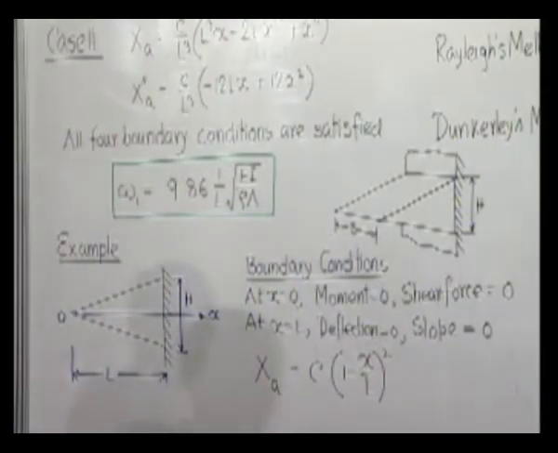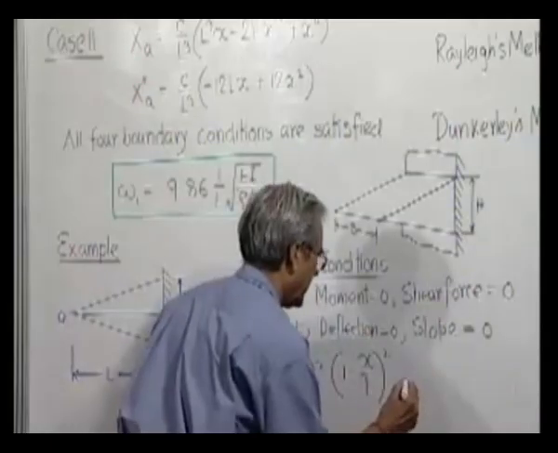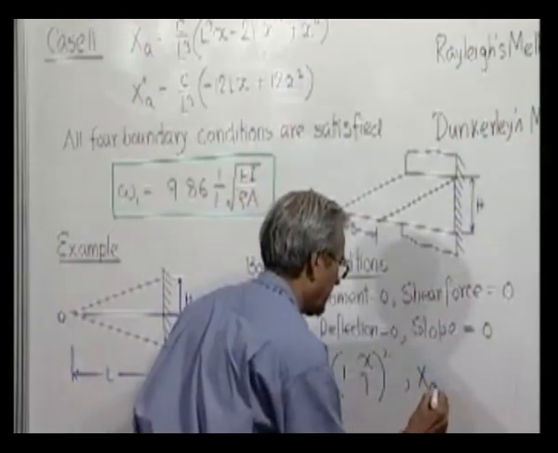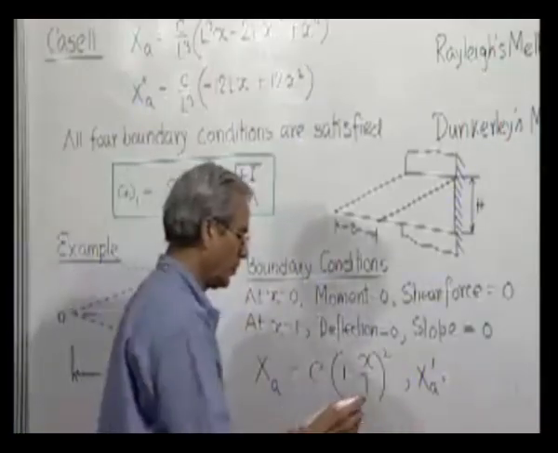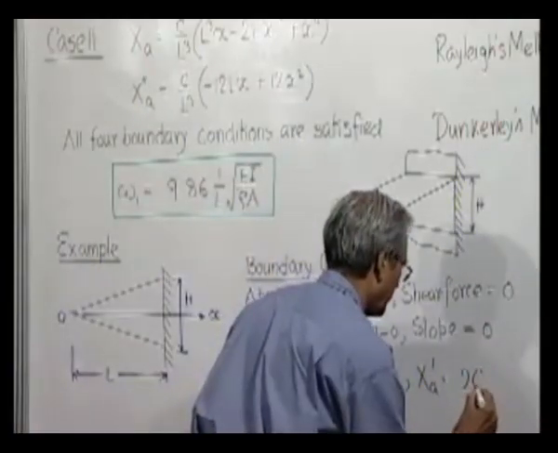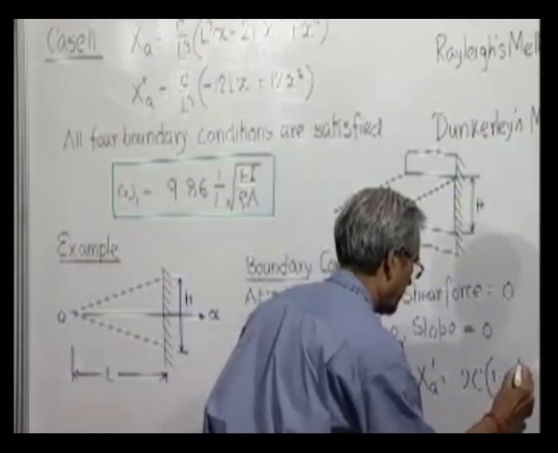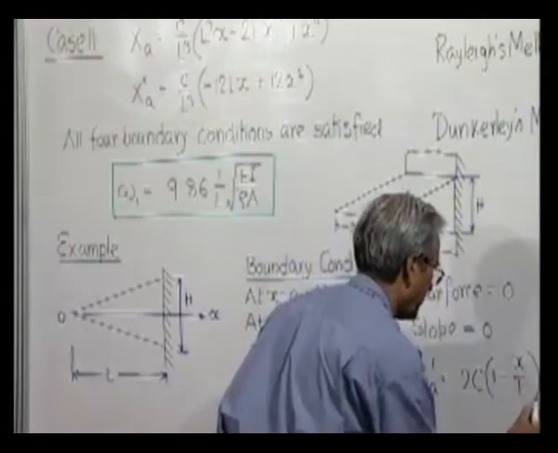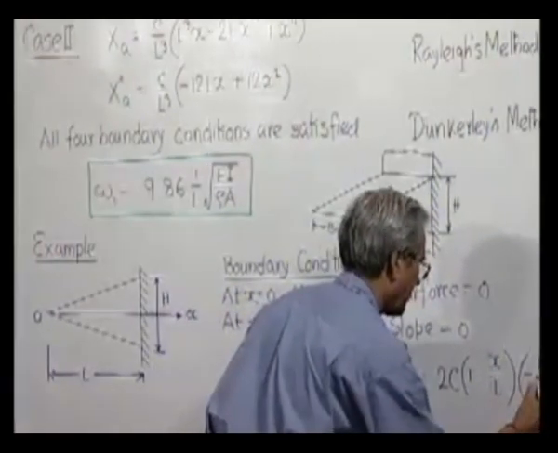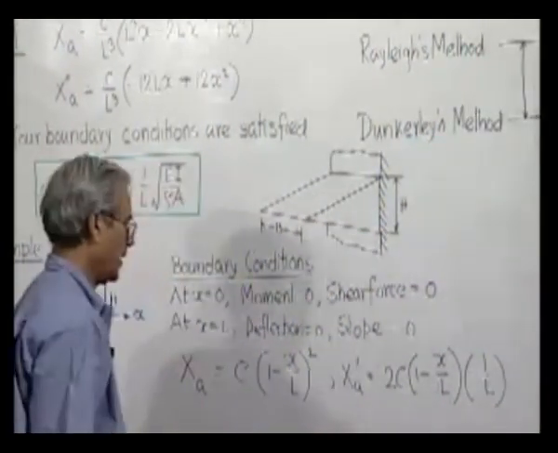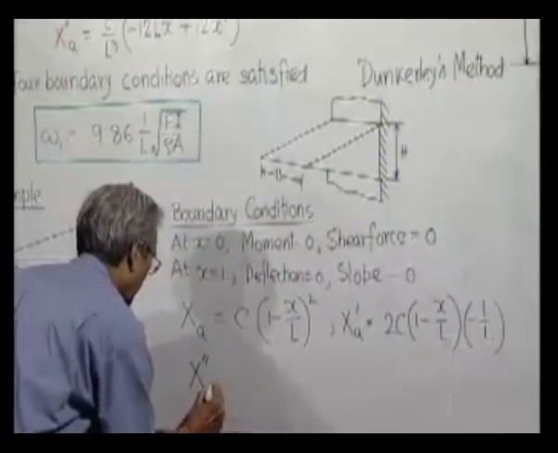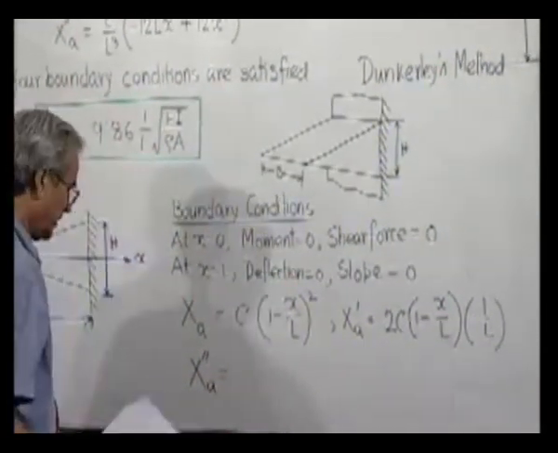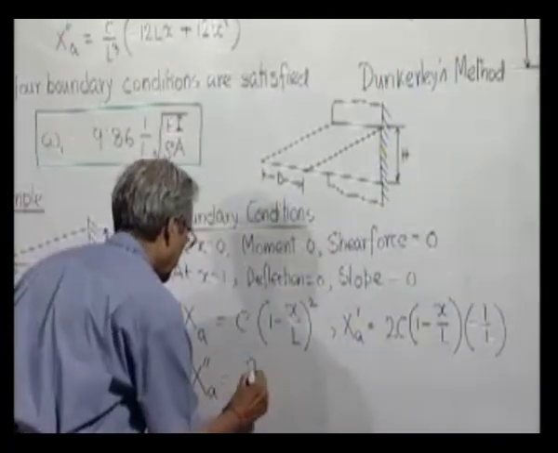If XA is this, then XA prime, that is dXA dx, will be equal to this, and d2XA dx square is this.